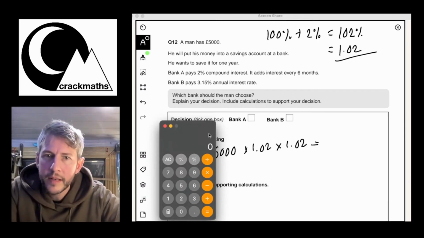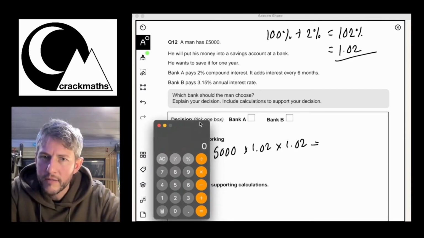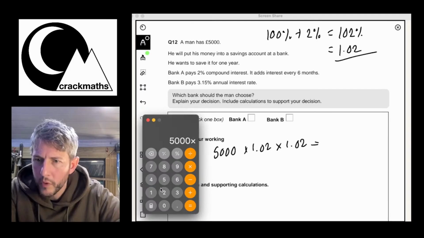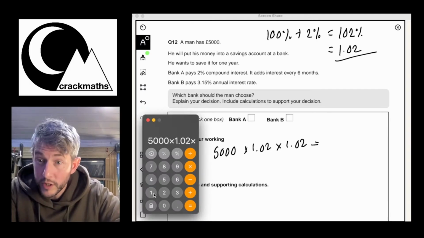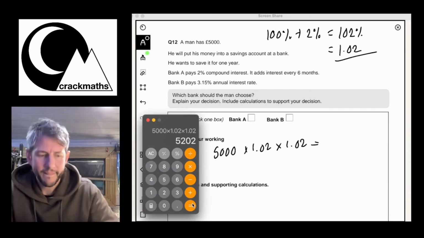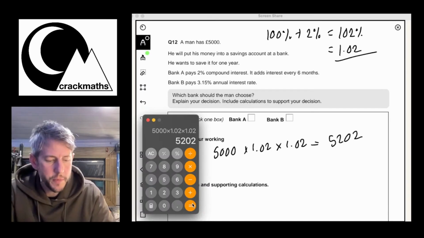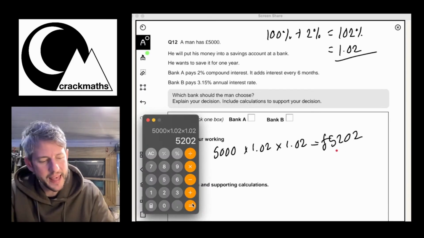Okay, so let me just move my calculator over a little bit. So here we go. We've got 5,000 times 1.02 times 1.02. Okay, and this equals £5,202. So that's what he'll get from Bank A.